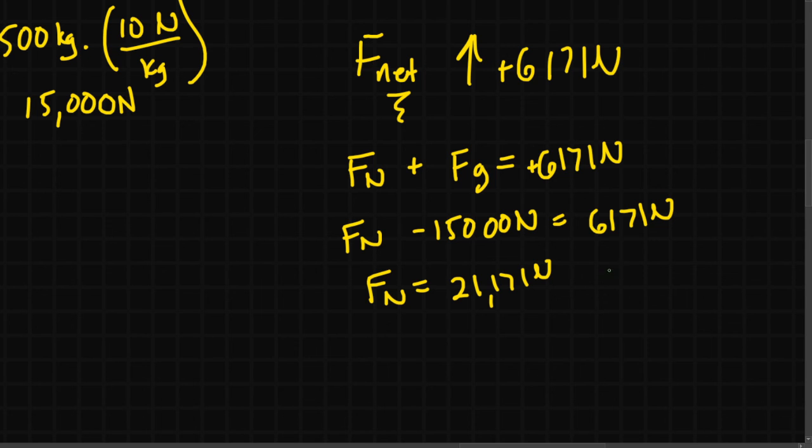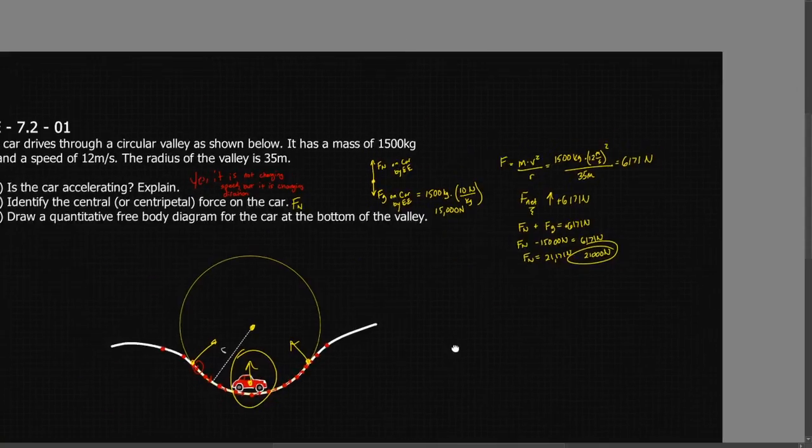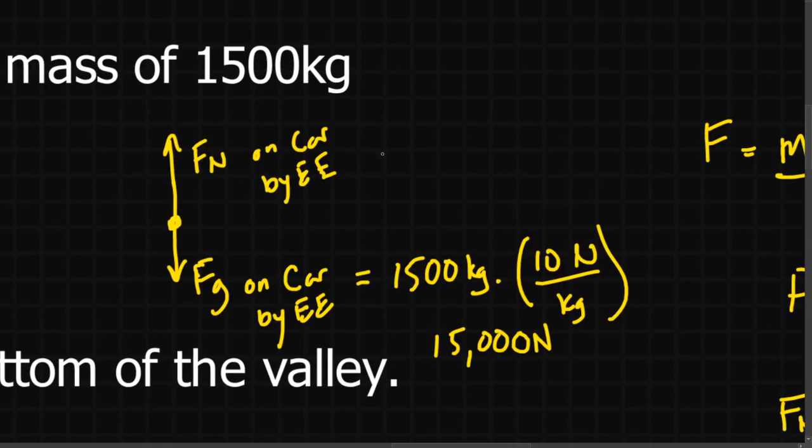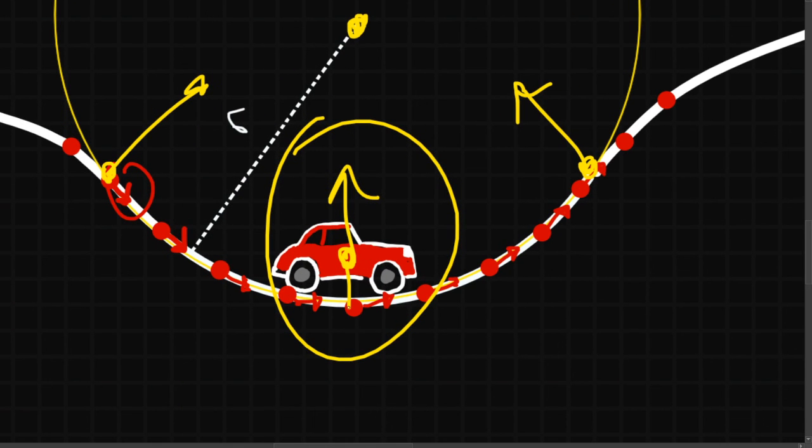So, with sig figs, 21,000 newtons. So this must be a 21,000 newton net force. Or sorry, normal force. So looking back on our car, we do have an upwards force and a downwards force. The upwards force is bigger than the downwards force, which lets it go in this circular path.